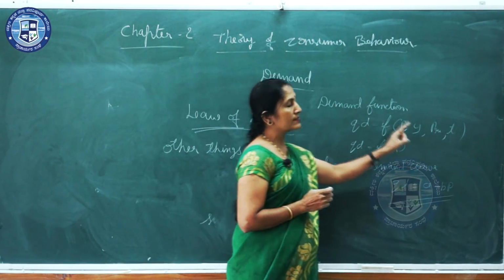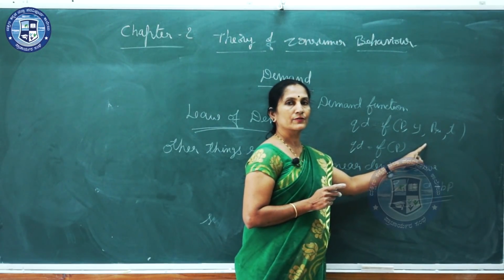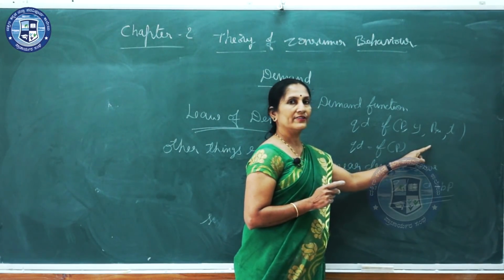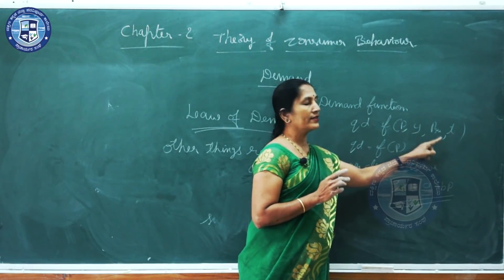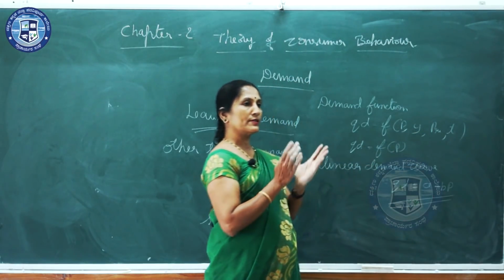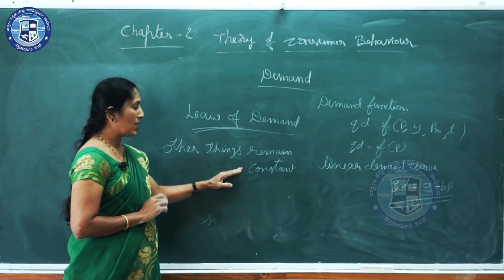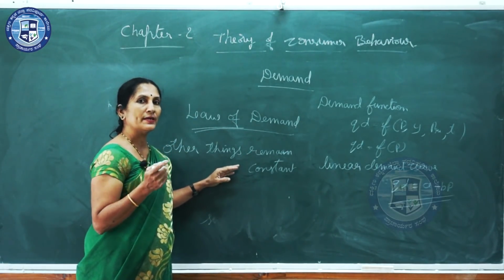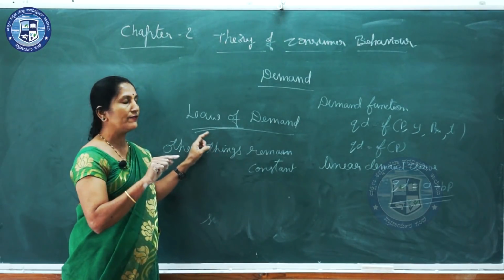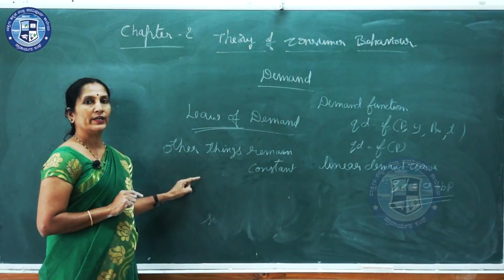They are the income of the consumer, the price of related goods, and the tastes and preferences of the consumer, which do not change. Only the price changes, and we see how it influences the demand of a commodity.